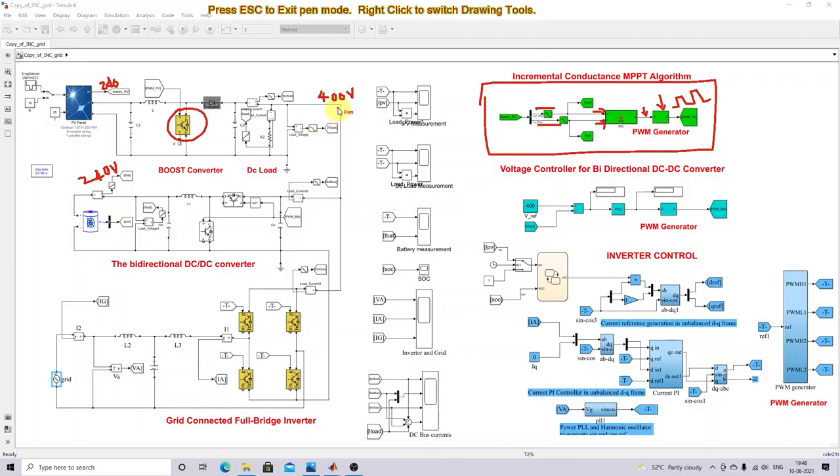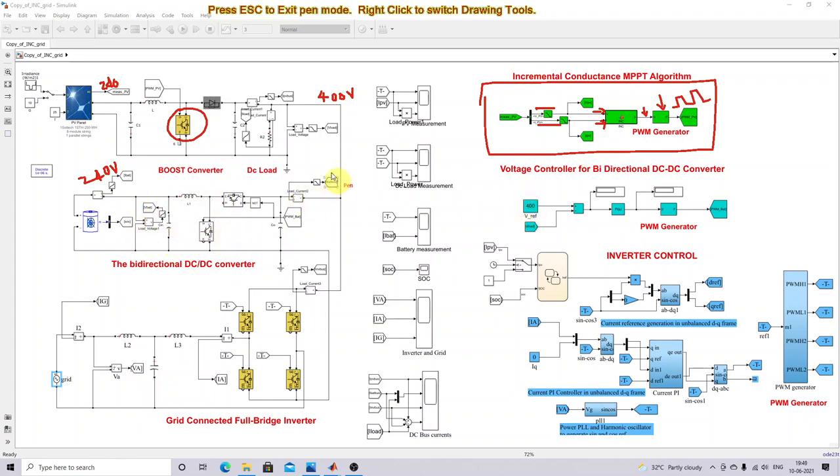Here we choose the bus voltage around 400 because it is going to be connected to the single phase grid. So we need to maintain the bus voltage around 400, the nominal voltage used for connecting with the single phase grid. So our aim here is to maintain the voltage at 400 in the DC bus. Here we are going to apply voltage control for that bidirectional DC converter.